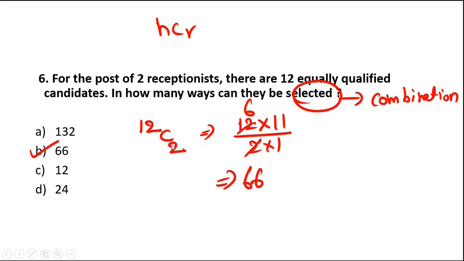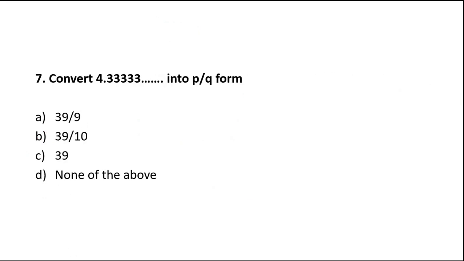Let's go for the next. Convert 4.333 into P by Q form. P by Q form means please don't think about rational numbers, irrational numbers and all those things.